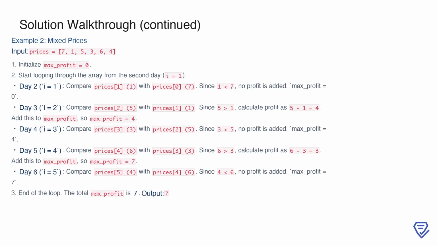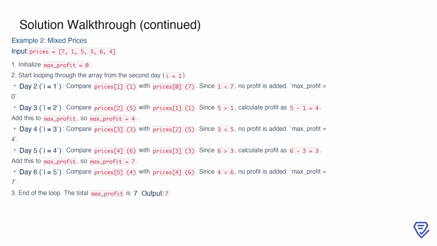Now, let's look at an example with mixed price movements, where the input is 7, 1, 5, 3, 6, 4. As before, we initialize max_profit to 0 and start iterating from the second day. On day 2, prices[1] is 1 and prices[0] is 7. Since 1 is less than 7, no profit is added, and max_profit remains 0.